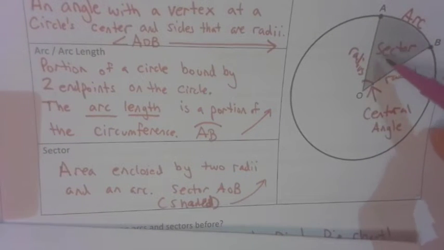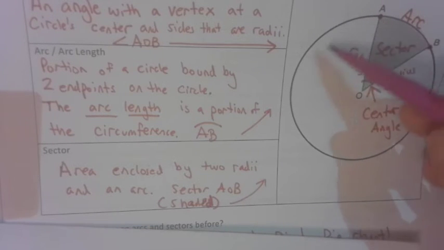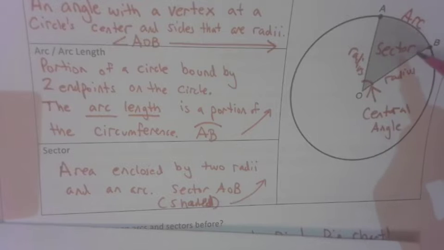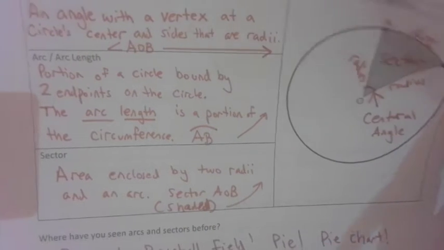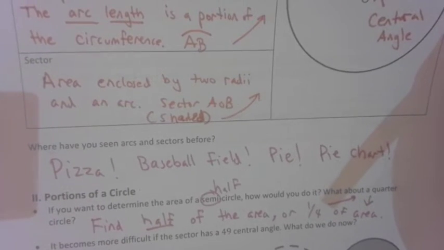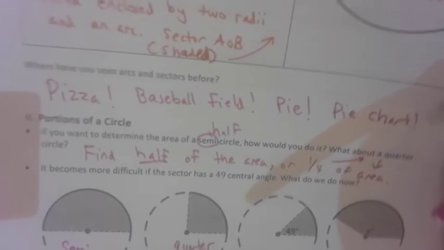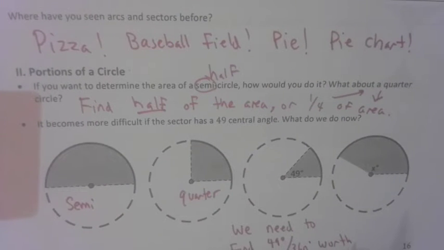We find the area of this sector. It's almost like a pizza pie. Notice that the whole thing is the area of the circle, but we can find the partial part. We call that sector AOB. Now again, we've seen this before with pizza, baseball fields, pie, and pie charts. So on the bottom here, these are different examples of what you might see being asked to do.